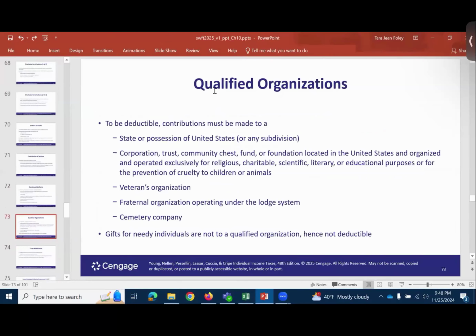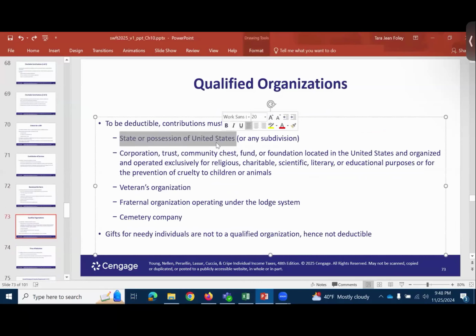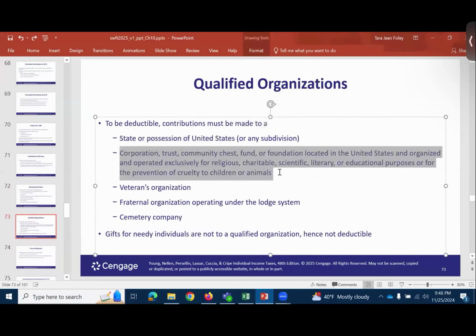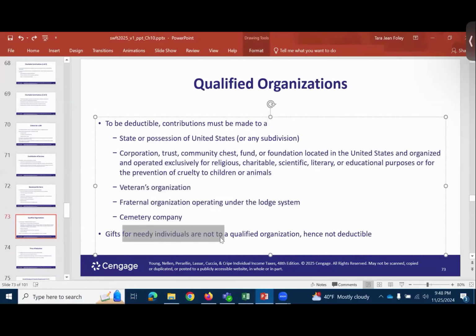What's a qualified organization? A state or possession of the United States could be one of these types of organizations. Gifts for needy individuals are not qualified organizations, hence not deductible. But if you created your own charitable fund and contributed to it, and then you gave money to the needy, that would be okay.